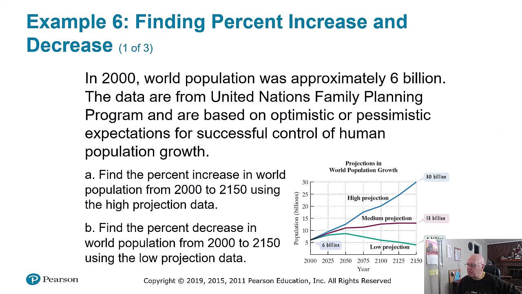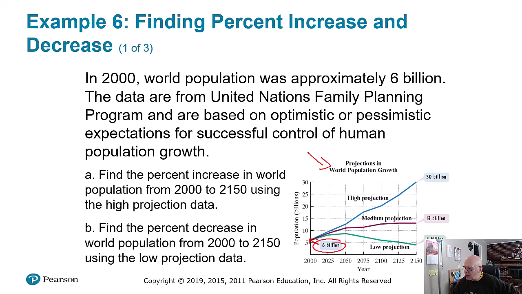Now I've got a chart here, and we're talking about United Nations Family Planning Program and how many people are on the earth, actually. So we've got some figures in this, and we've got some numbers in here. They're already given to us.